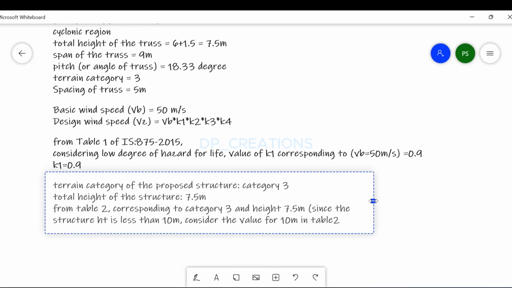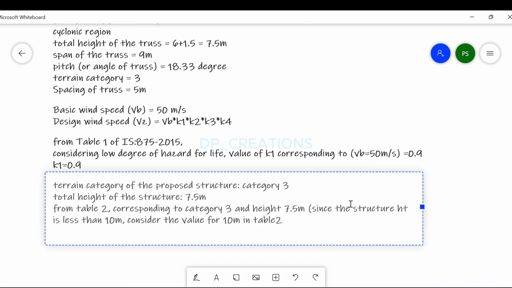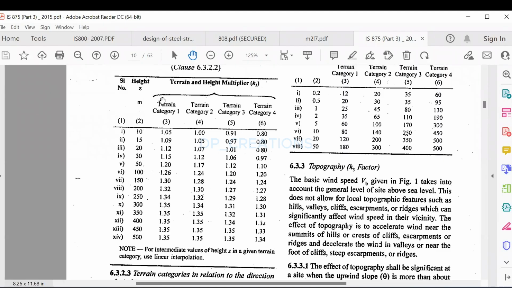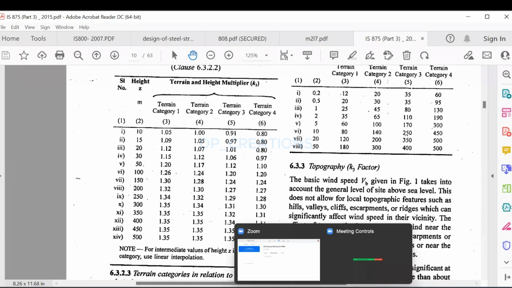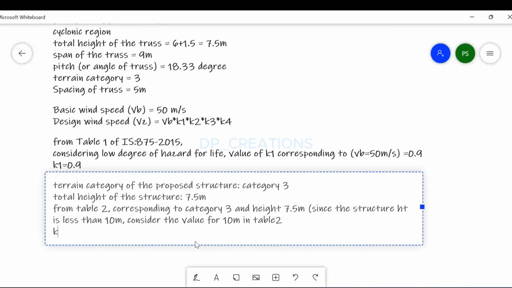Okay, now go to Table 2. So Table 2, category 3 and 10 meter height, the value is 0.91, right? In category 3 up to height 10 meter, the value is 0.91. So I have to take 0.91. So K2 equals to 0.91. Okay.